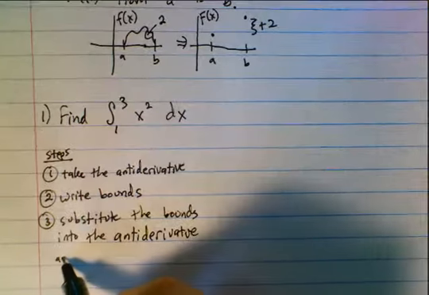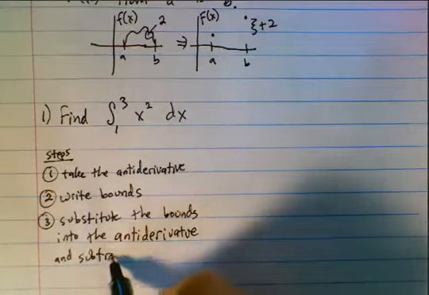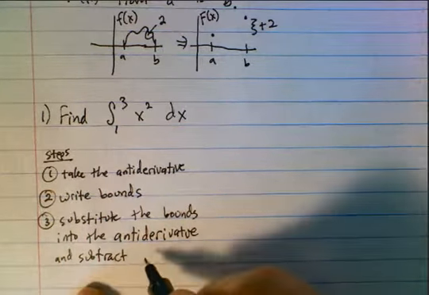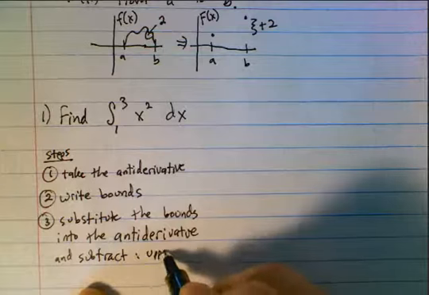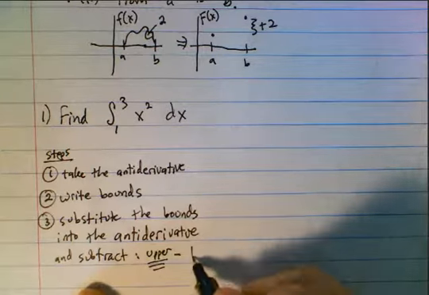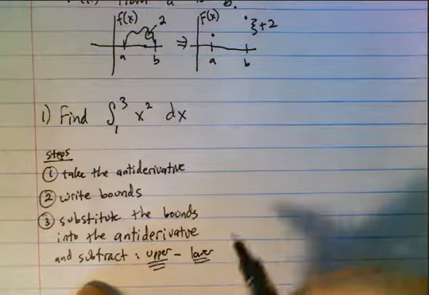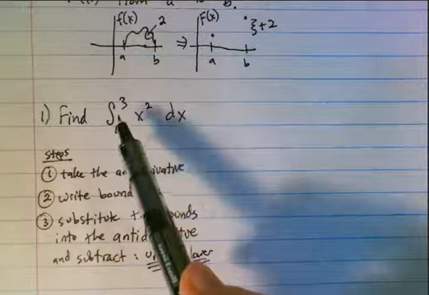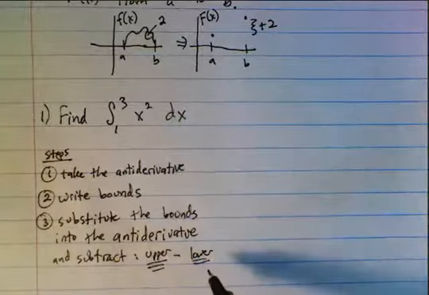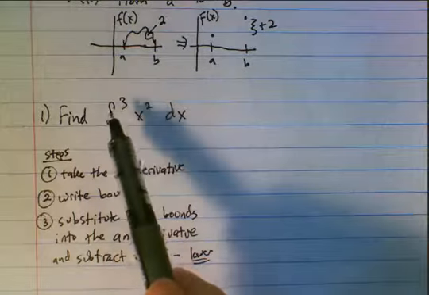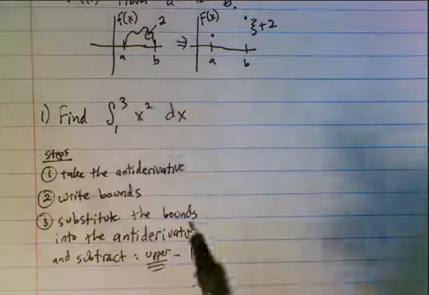And subtract. We always do the upper minus the lower. Even if the upper one is actually smaller, we're still always going to do the upper one, whatever one's up here, minus whatever one's down here.